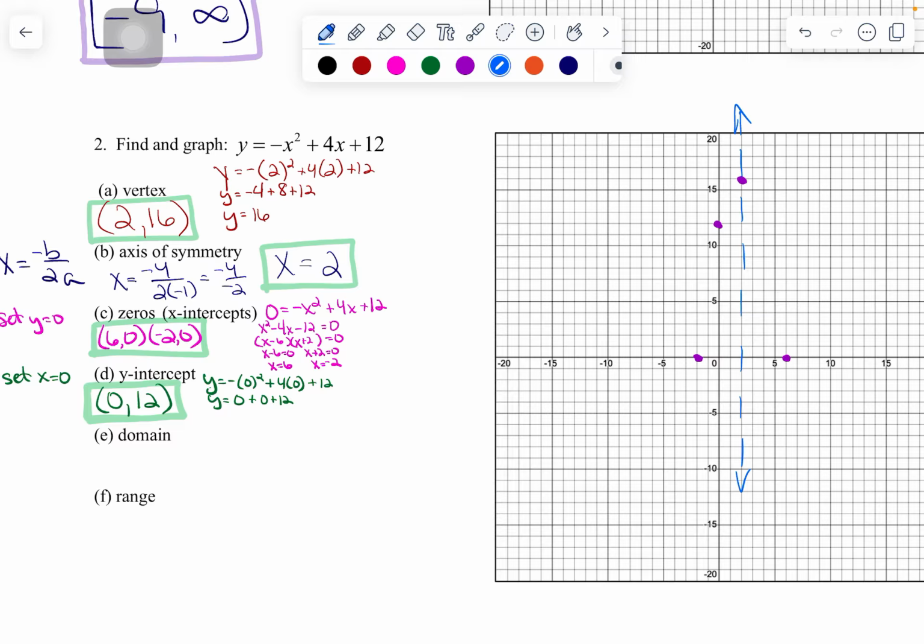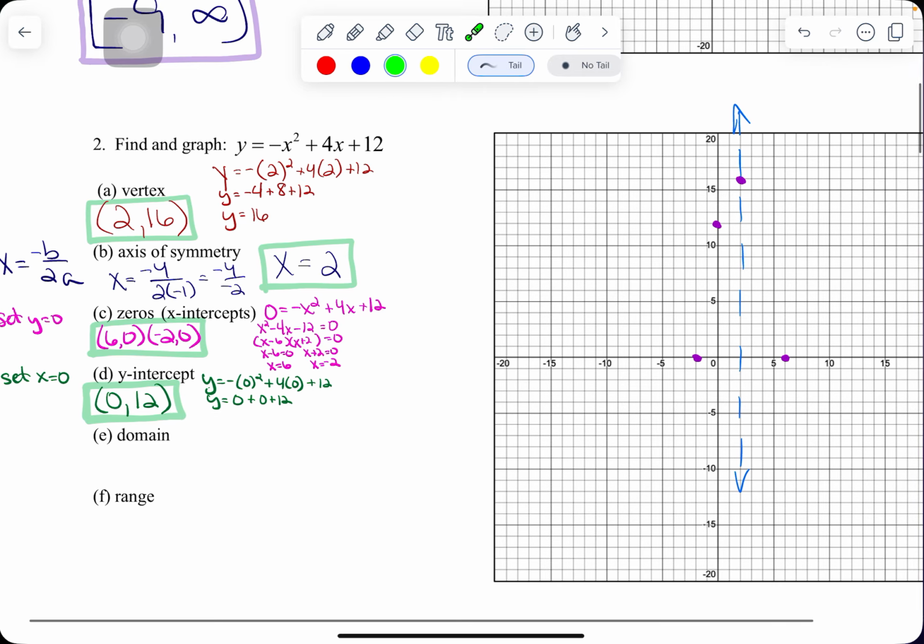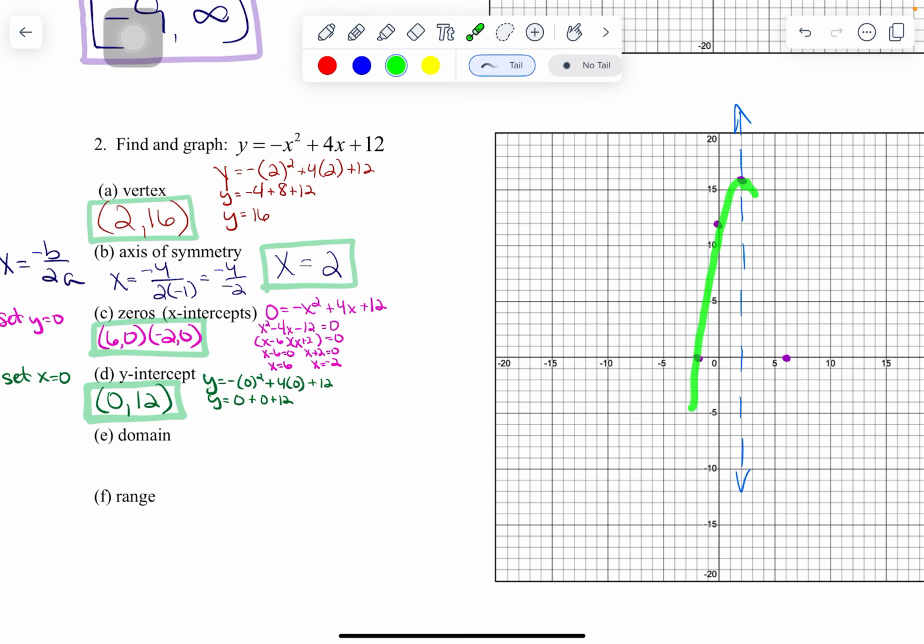One of the things you might notice if you compare this question to the last equation, compared to the last graph, this particular graph is going to be concave down. In this case, your vertex is going to be the maximum, the highest your graph ever gets to. How do you know which way is concave up versus concave down? If your x squared term is negative, your graph is going to be concave down.